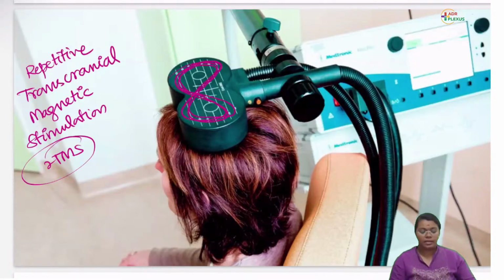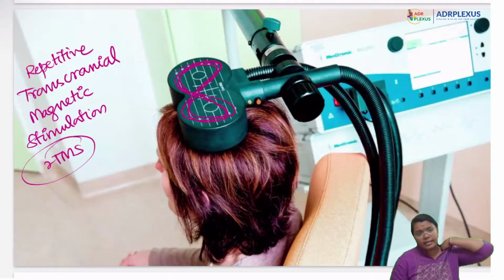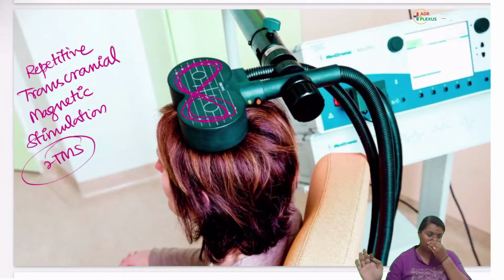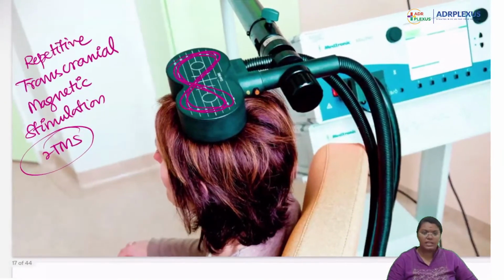The machine is positioned targeting a particular brain area, and it is set, let's say, to a depression protocol or OCD protocol. This is used for resistant depression, resistant OCD, etc. It's now researched for multiple conditions, but usually for resistant depression.